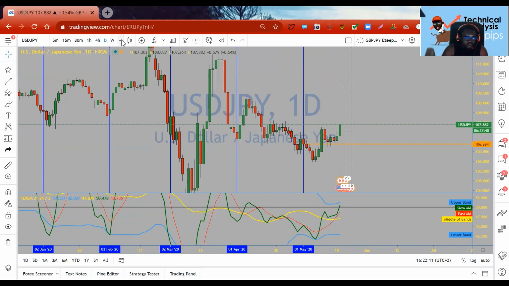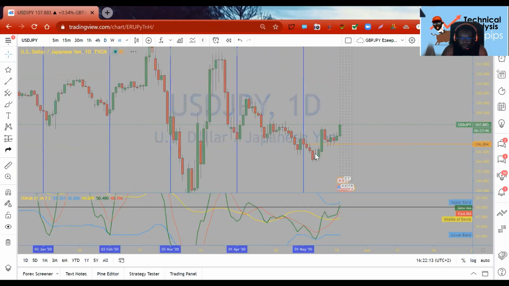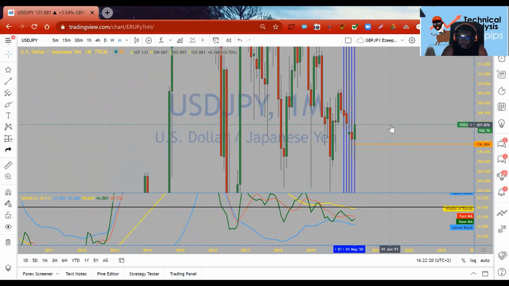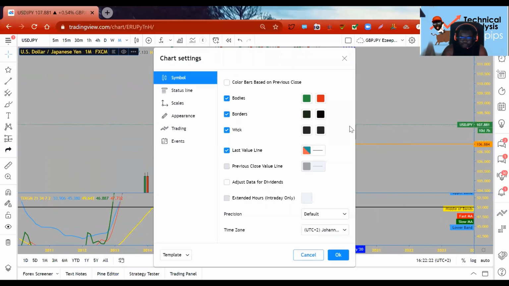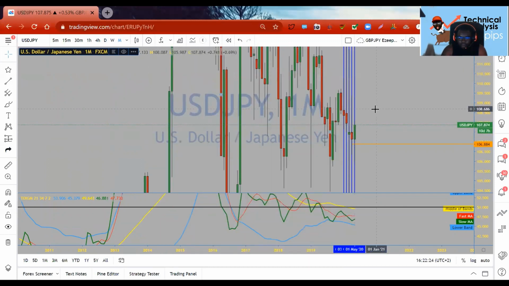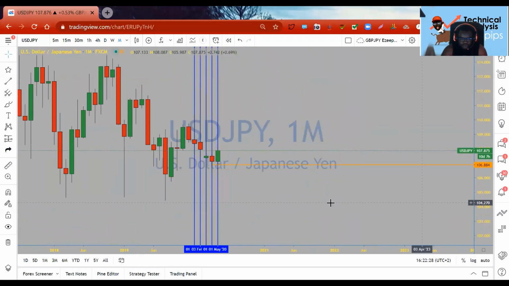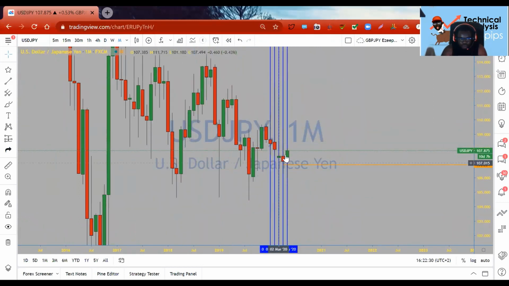Let us go straight into a month. Let's check what is going on in a month. We're trying to analyze something for USDJPY. So for the entire year, price has been opening low. Price has been opening low for the entire year. And we now have support at this level.